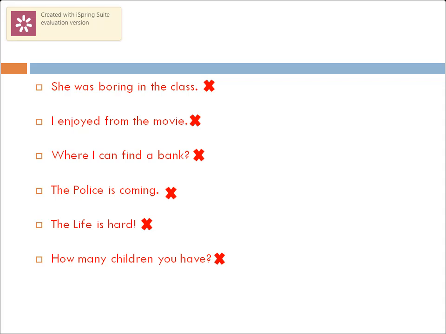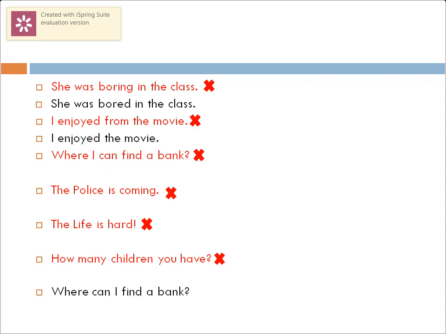In other examples from the textbook, we find she was boring in the class is actually a wrong usage. She was bored in the class. I enjoyed the movie and not I enjoyed from the movie. Where can I find a bank is the right usage. Where I can find a bank is wrong. The police is a plural noun in itself, so it always should have a plural verb.